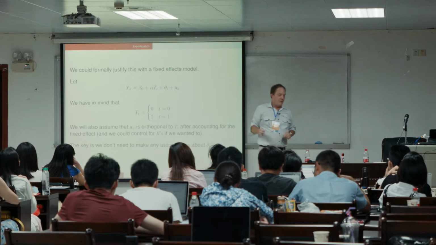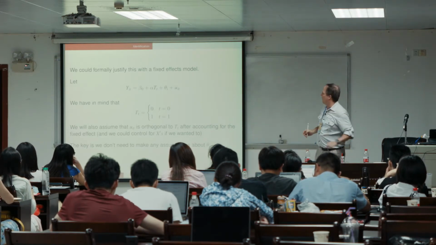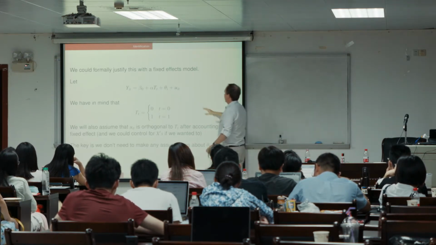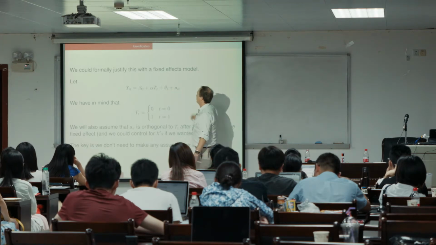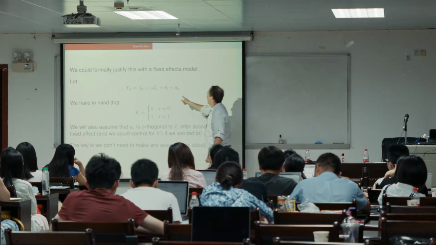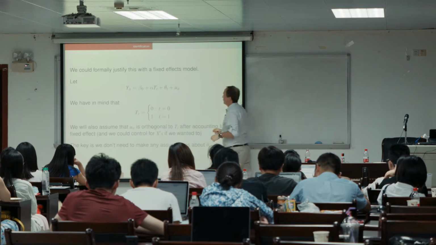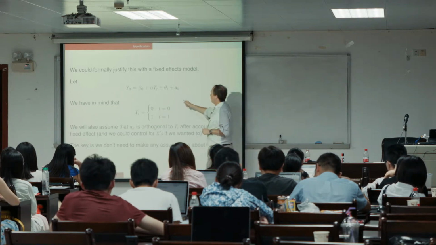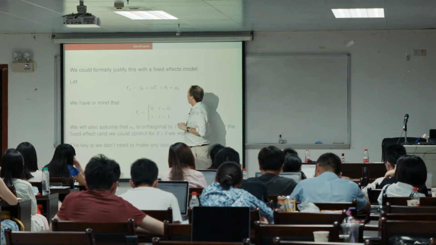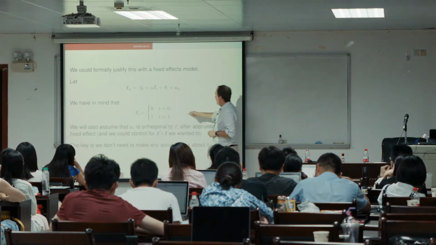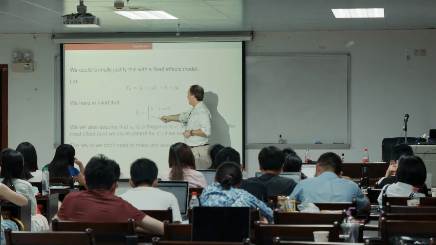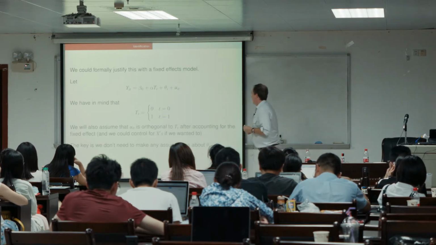This is that Y-naught thing that I had on the identification slide. I'm taking this model seriously as the data generating process. We're going to be in a case where we have a constant treatment effect. I'm thinking about a simple world where I only have 2 periods of data. I observe the same people in period 0 and period 1. In period 0, the policy didn't exist. In period 1, the policy exists.